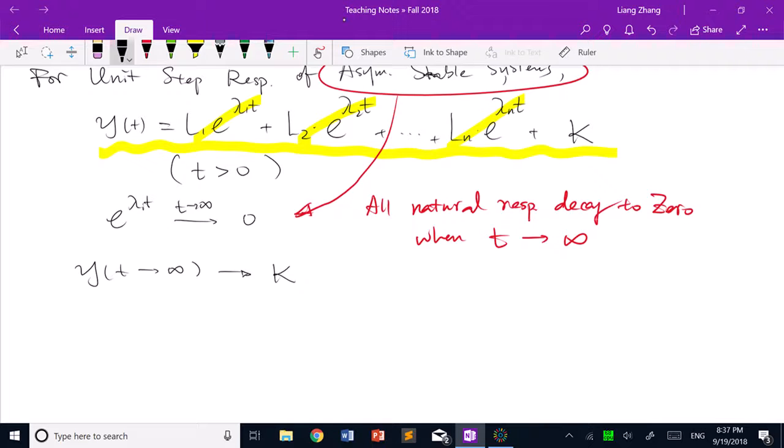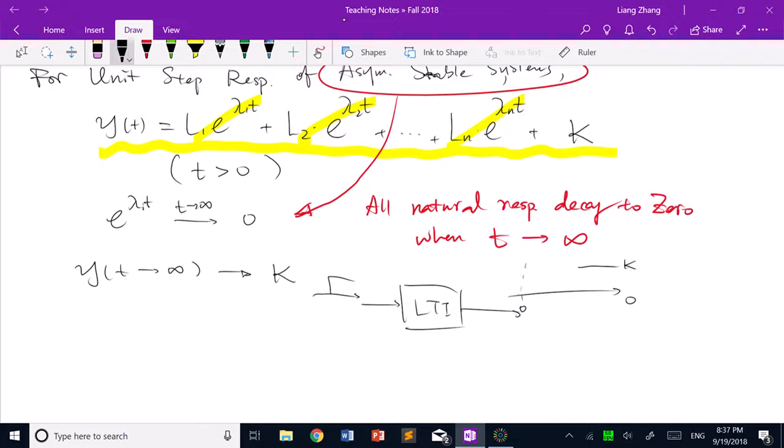Right? What does it mean? It means, well, I enter a unit step into an LTI system. It's asymptotically stable apparently. And at the output end, if I make the observation after this, what I do know is after a sufficiently long period of time, the signal will carry this value k.